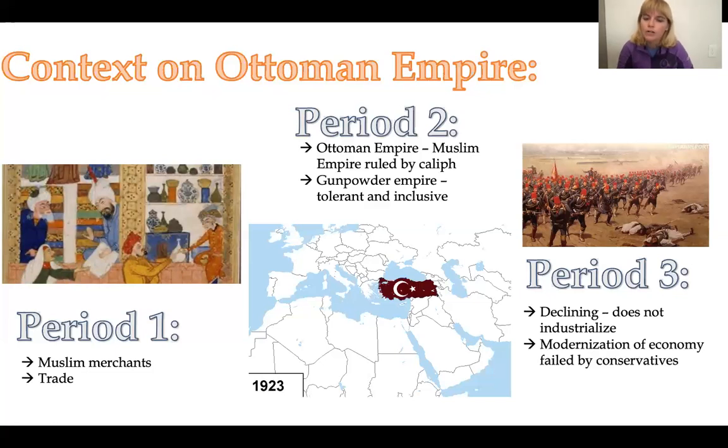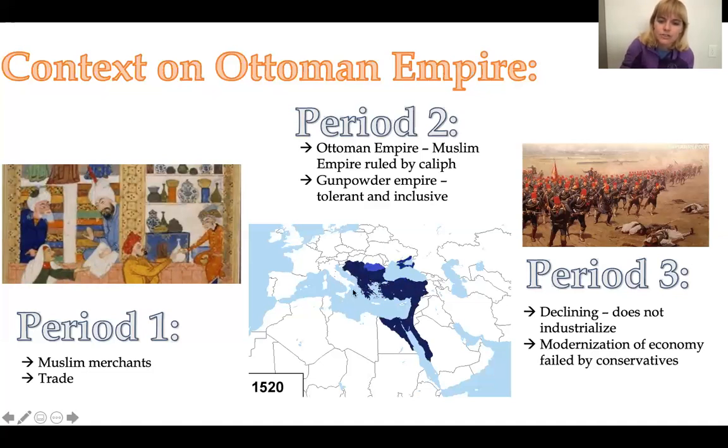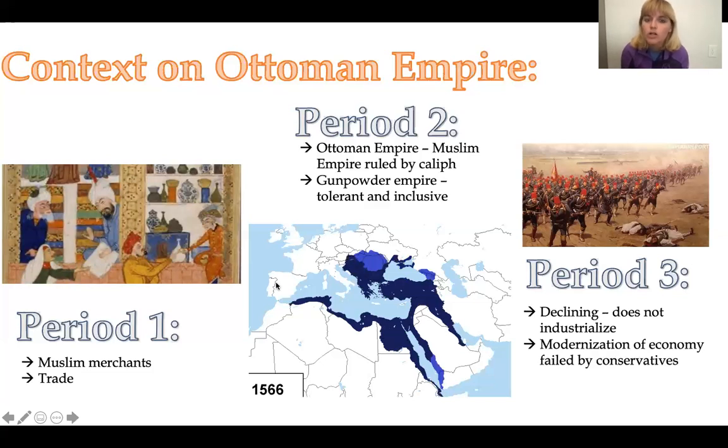We talked about the fact that the Ottoman Empire has to be inclusive, has to be tolerant, because as they're taking over land, specifically in Eastern Europe, they're also acquiring Christians. And one thing that the Ottomans will do to white Christian boys is implement the Devshirme system. So make sure you know what that is.